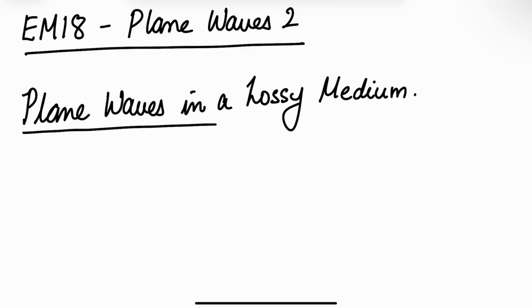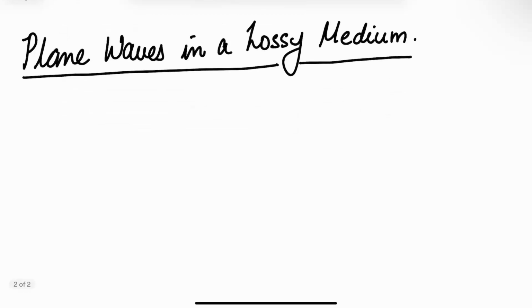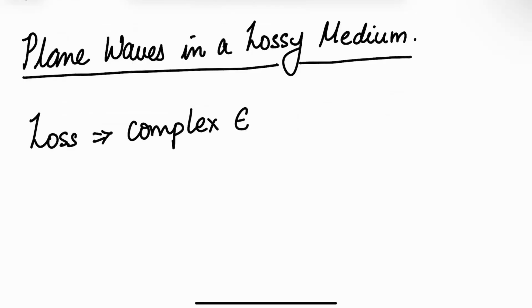We saw that evanescent waves can exist even in a lossless medium, but in general they appear more often in a lossy medium, and maybe it's easier to study it from that perspective. We know that loss corresponds to a complex epsilon, so epsilon has a real part and an imaginary part.